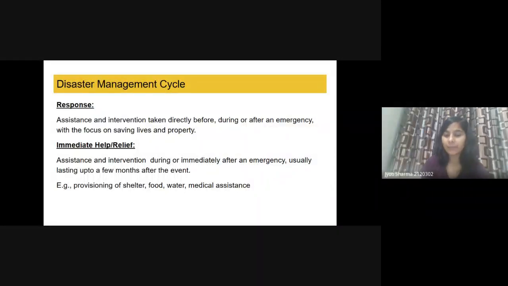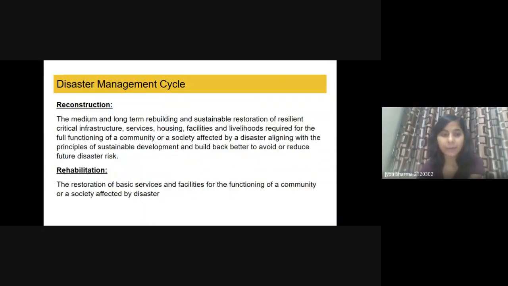Then the immediate help and relief: if there is a need to do something just after the emergency, then some medical assistance, providing shelter or food, you will provide some facilities to that area. So this is the immediate help and relief.